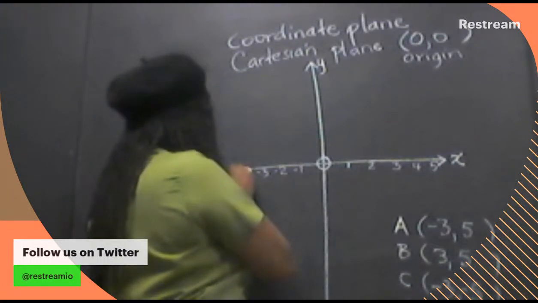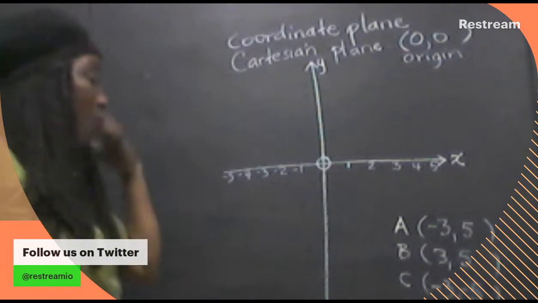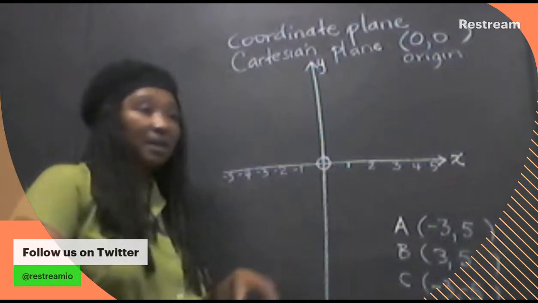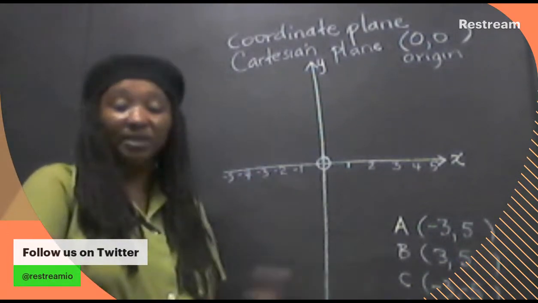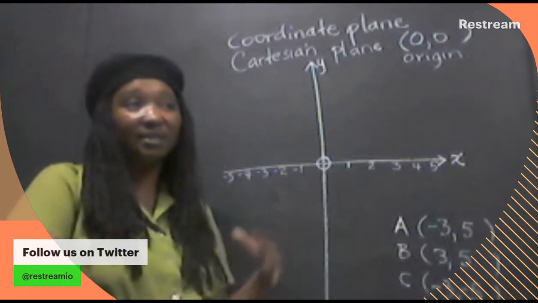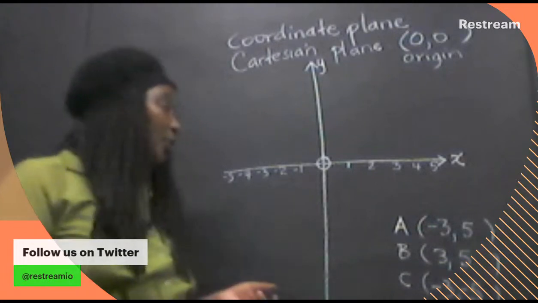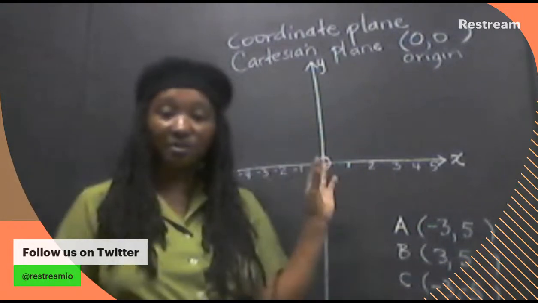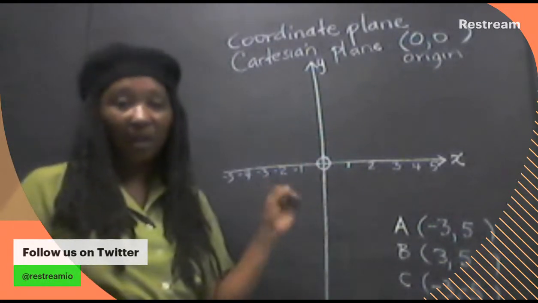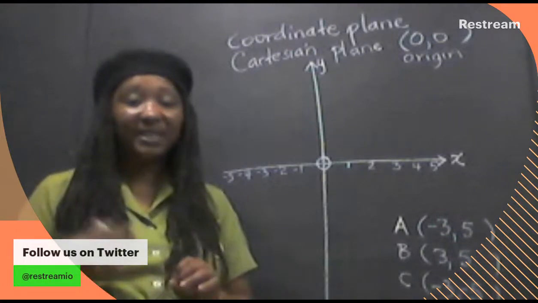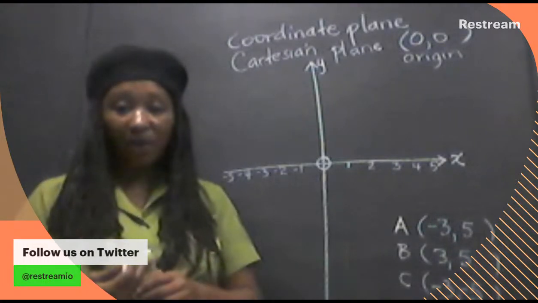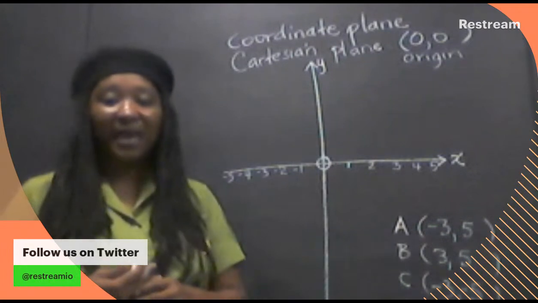Usually your x values tend to be smaller. Your y values sometimes go up into the teens, the tens, the hundreds. And so in order for it to fit on the graph paper, we have to use a different scale for the y-axis. So let me explain.